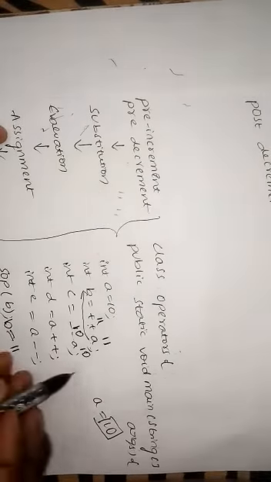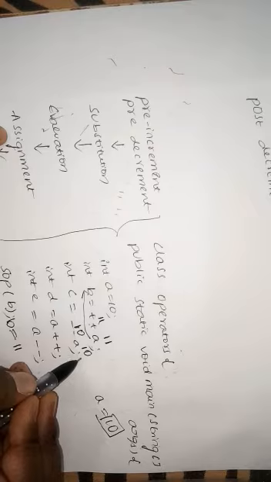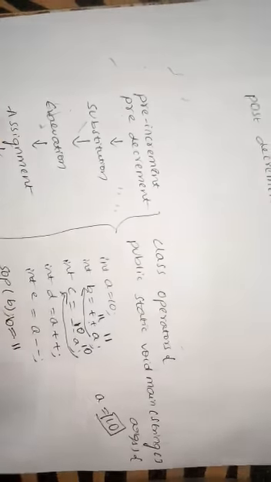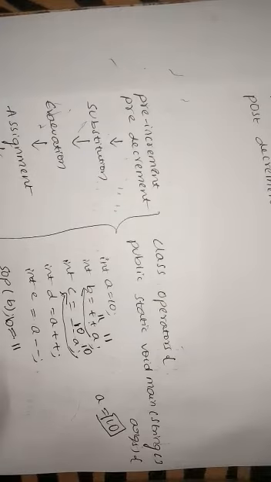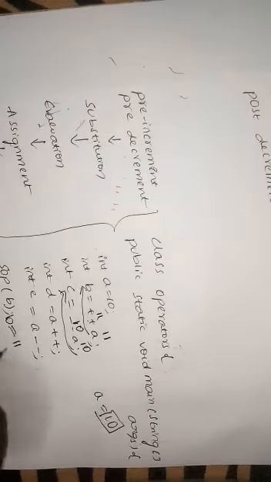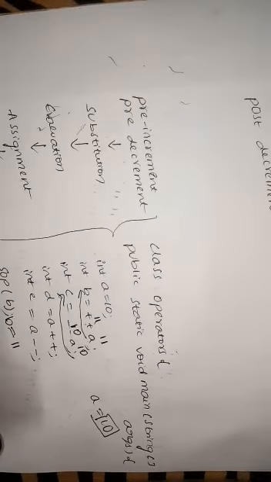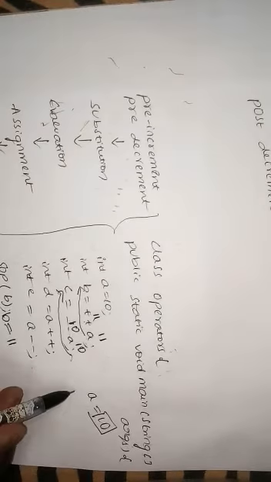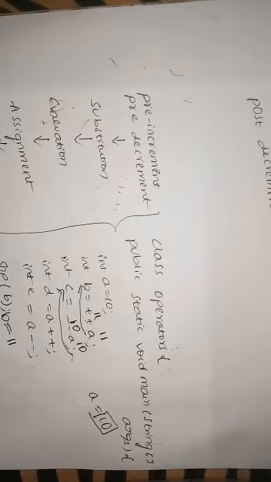Then assignment, it is assigned to c. The c value is going to be 10. Leave the post-increment and post-decrement. There are no post-increment and post-decrement steps in this.